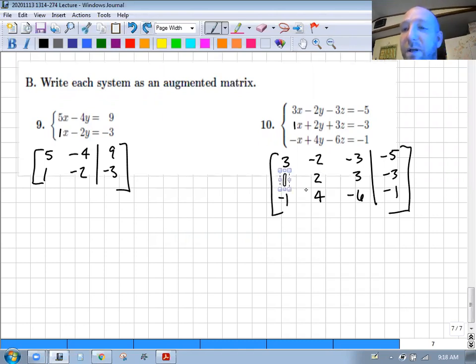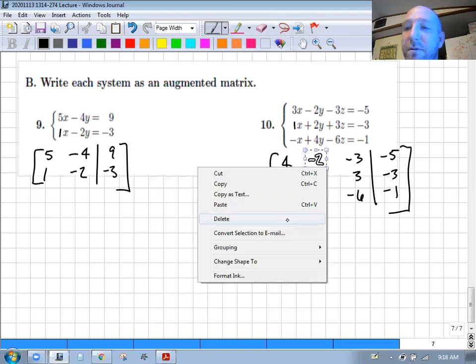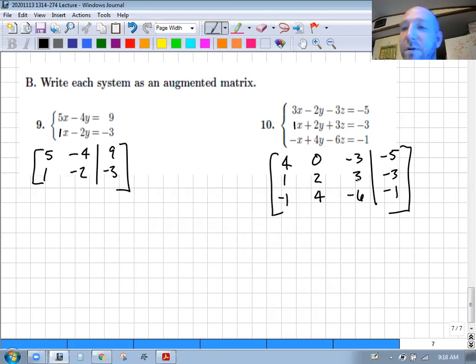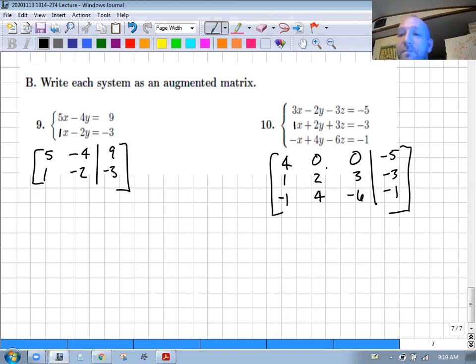We want to end up with 1s down here and 0s everywhere else. So if we replace this guy with the sum of these two, 3 and 1 make 4, 2 and -2 make 0, 3 and -3 make 0.